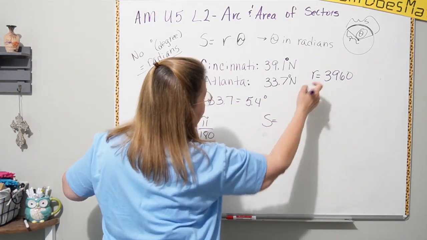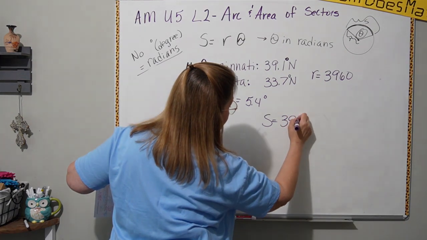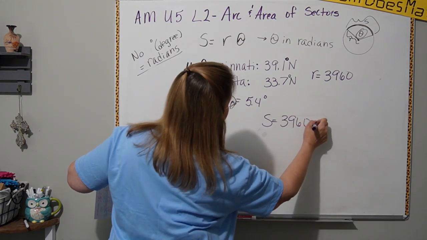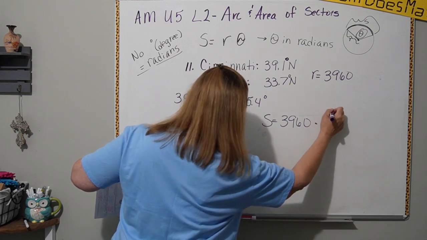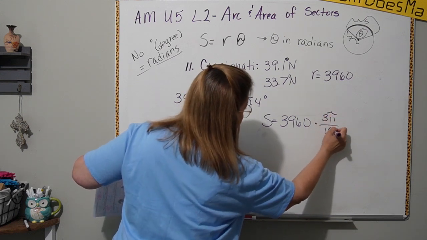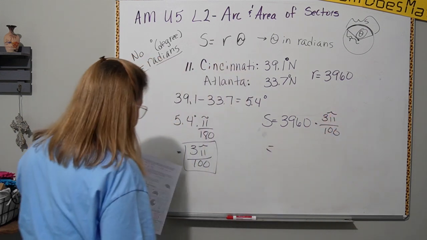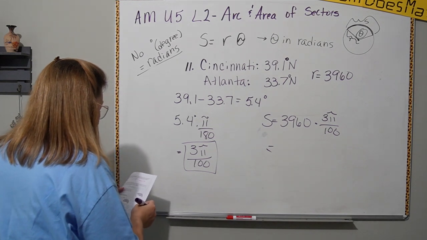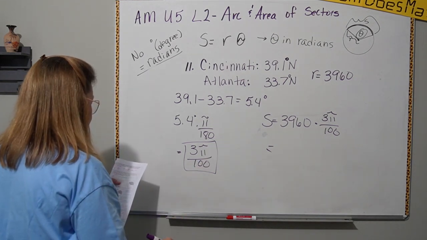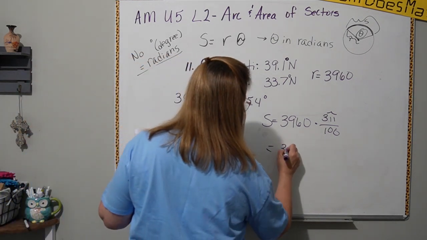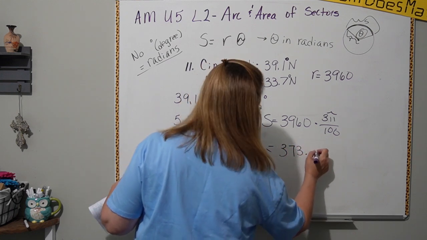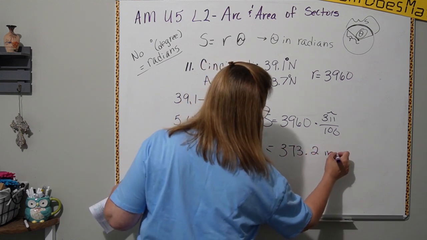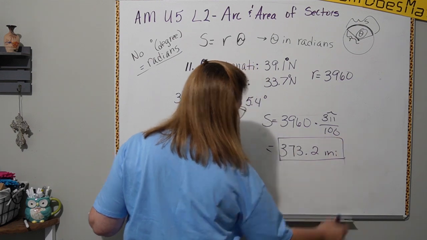So to plug it in, you're just going to put the radius, which is 3960, times the theta, which we said was 3 pi over 100. And using your handy dandy calculator to multiply those two things together and then reduce is going to get you a decimal form of 373.2, we're rounding off, miles. Okay?